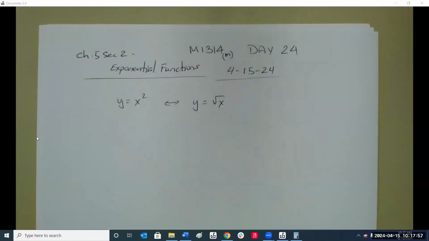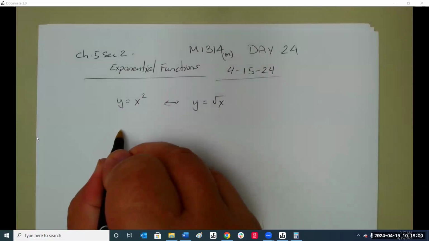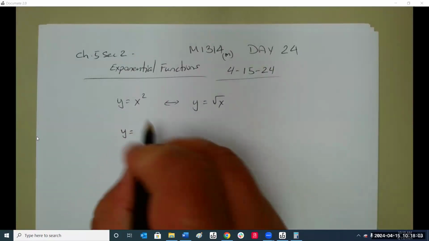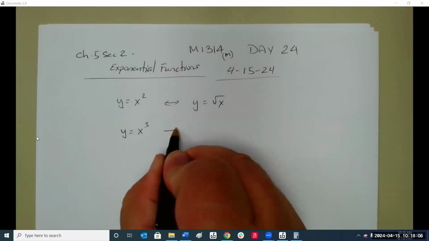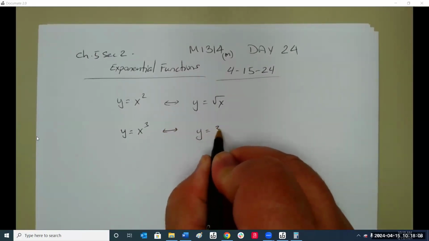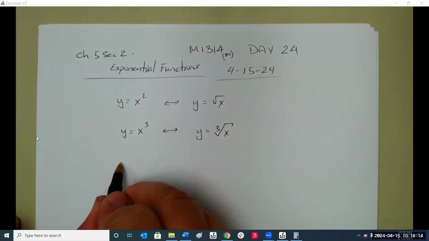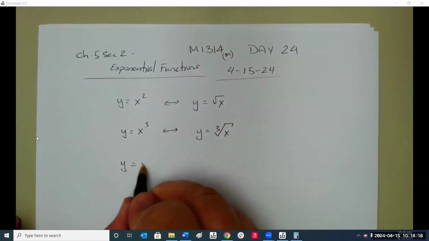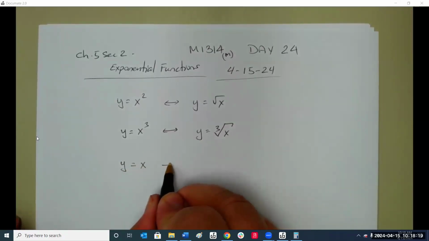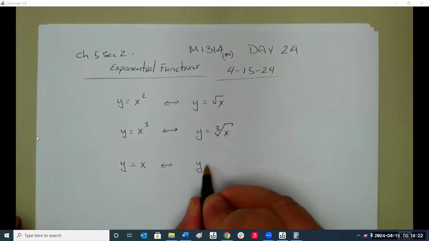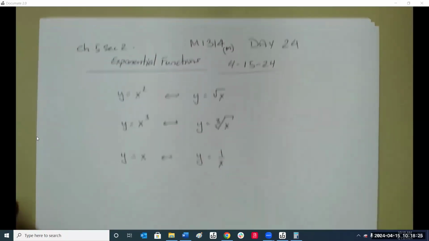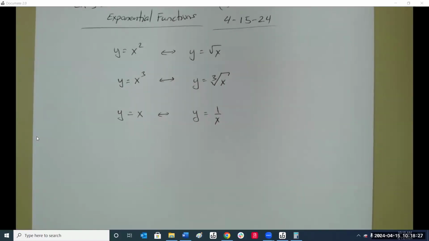Those are inverses. So we've been dealing with inverse functions all along, just that they weren't really called those.